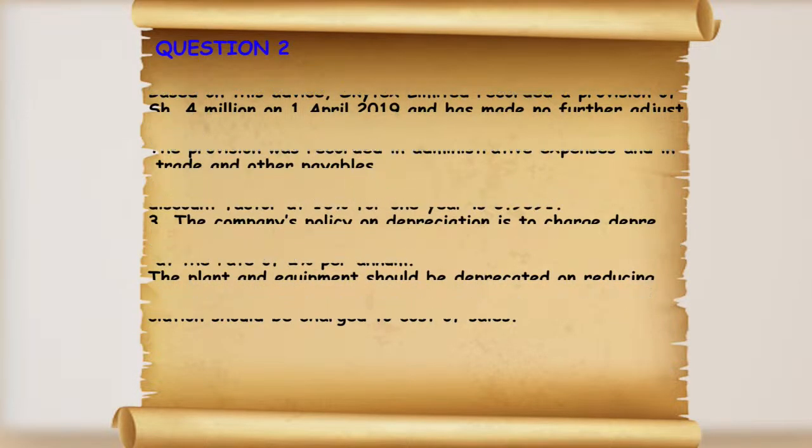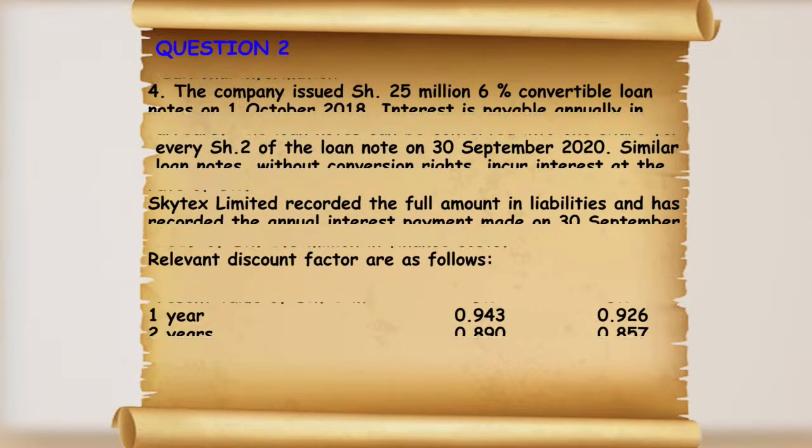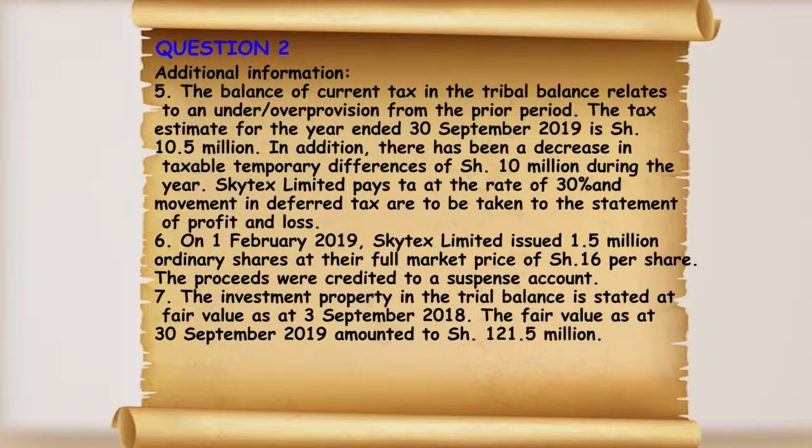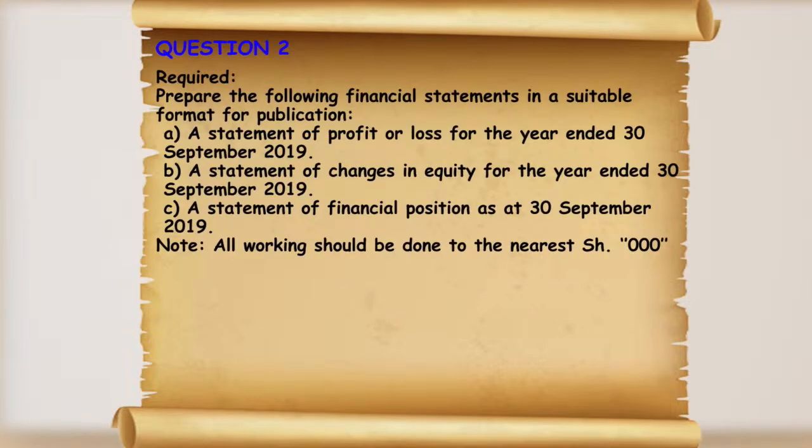And then if we go to the requirement there, we are required to prepare the following financial statements in a format suitable for publication. 1, a statement of profit or loss for the year ended 30th September 2019. 2, a statement of changes in equity for the same year, and number 3, a statement of financial position.